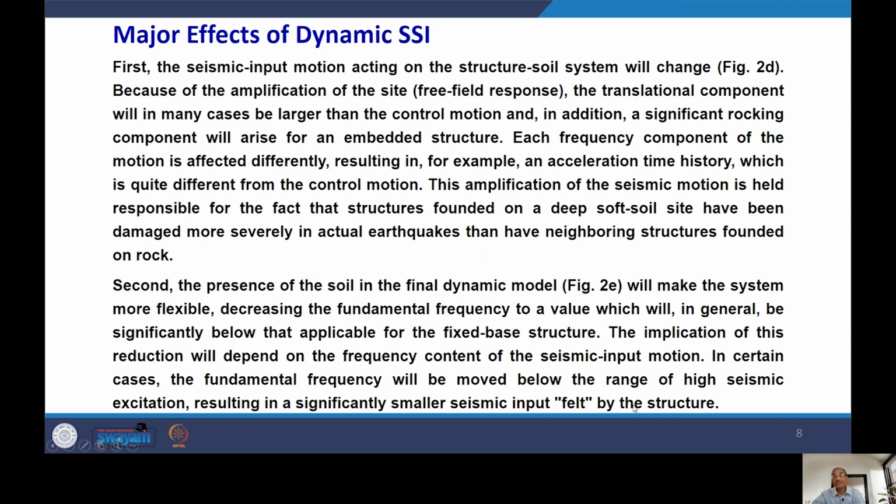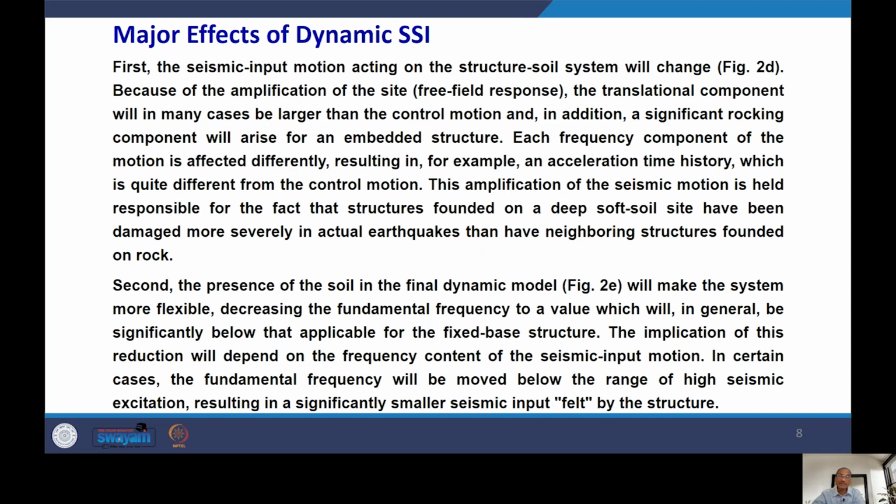As a result, there will be a decrease in the fundamental frequency, and this decrease is generally significantly below that applicable for the fixed base structure. So when you consider soil in the system, the natural frequency of the system gets decreased, and this decrease is below the natural frequency of the fixed base structure.